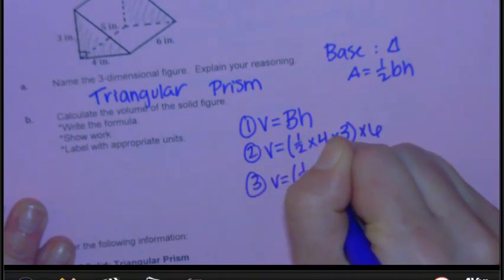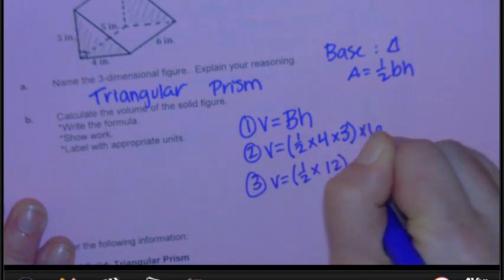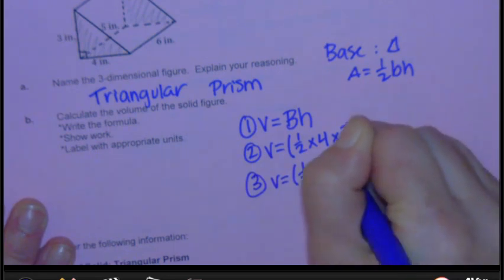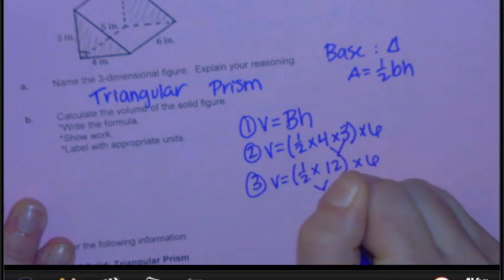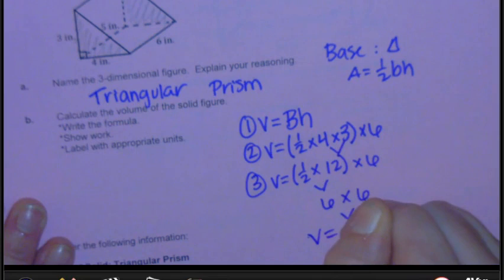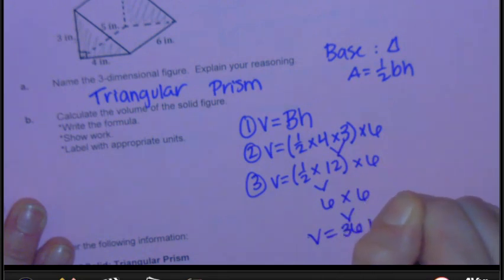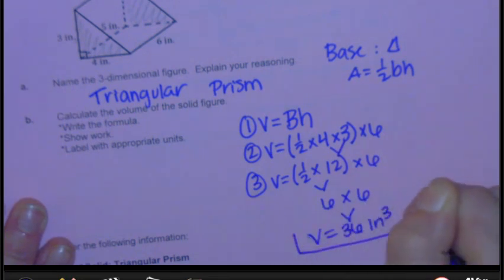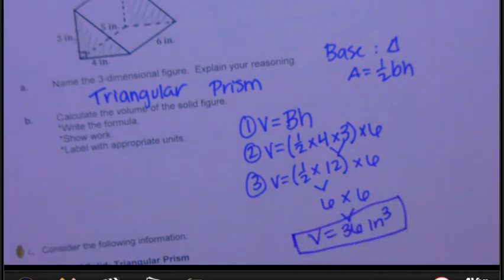So I'm going to have 1/2 times 4 times 3 is 12 times 6. 12 times 1/2 is 6. And then 6 times 6 gives me a volume of 36 inches cubed.